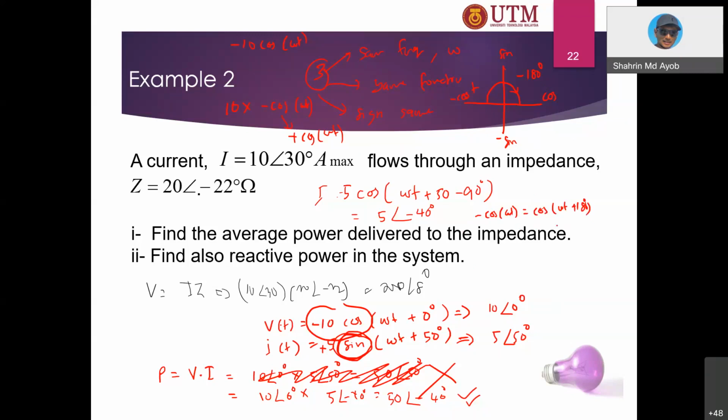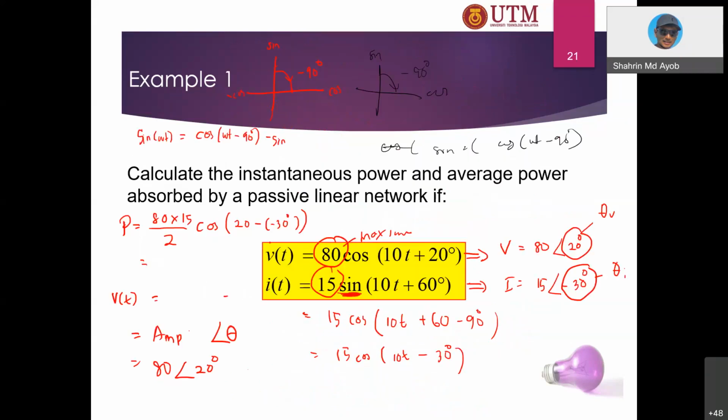Sorry, negative 180 degrees. The unit for the instantaneous power is still watt, W-A-T-T, because this is power.